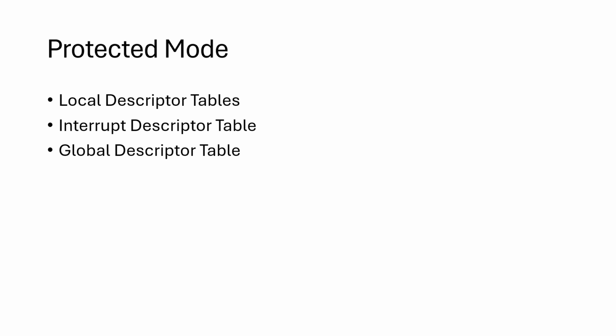Then we have the interrupt descriptor table. This table handles the interrupt operations, and the IDT register contains its address. The last one we have is the GDT, the global descriptor table. This table contains the address of each local descriptor table, and it is the 32-bit GDT register that contains the address of this table.